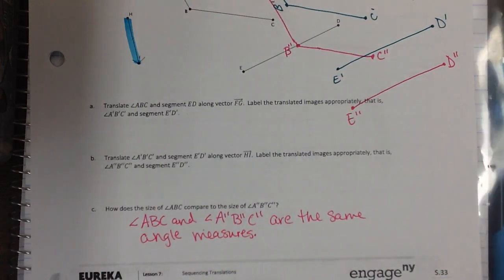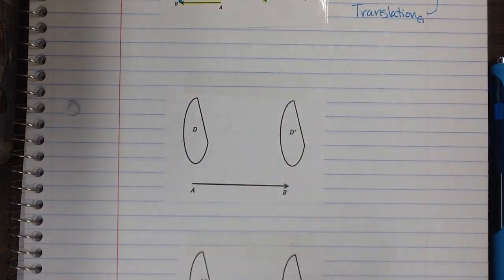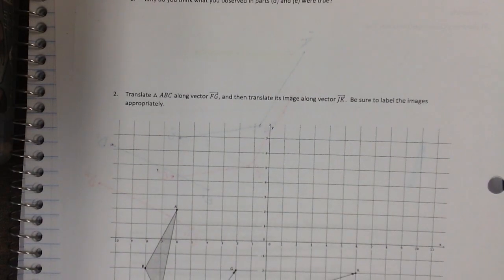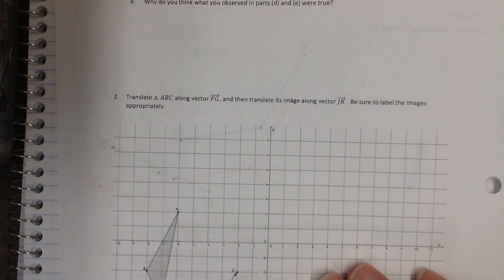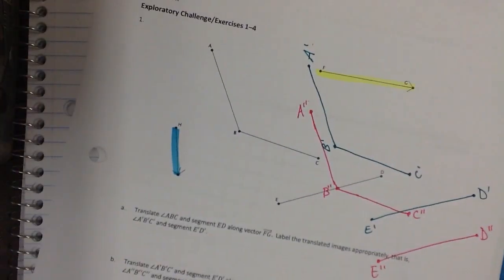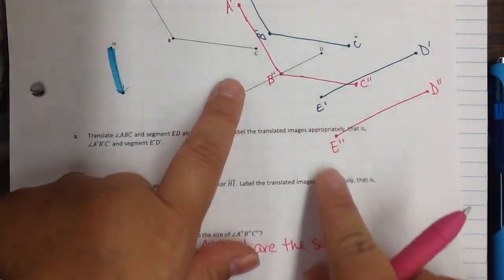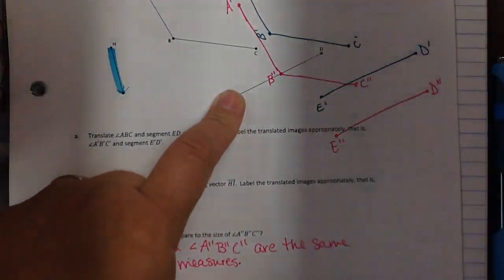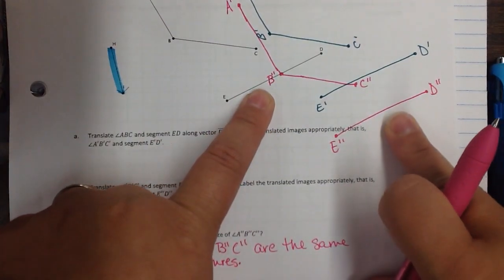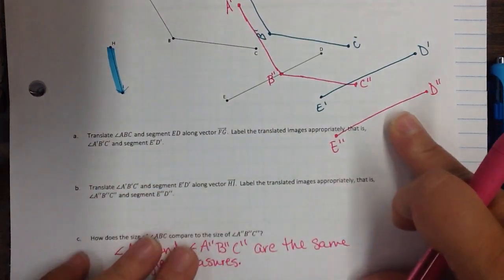Okay, now we're going to flip over the page and look at it on a grid. Oh, no we're not. We're going to answer question D and E. How does the length of segment ED compare to the length of segment E prime prime, D prime prime? Okay, so we're looking at the original and the very new one. These two are the same length.